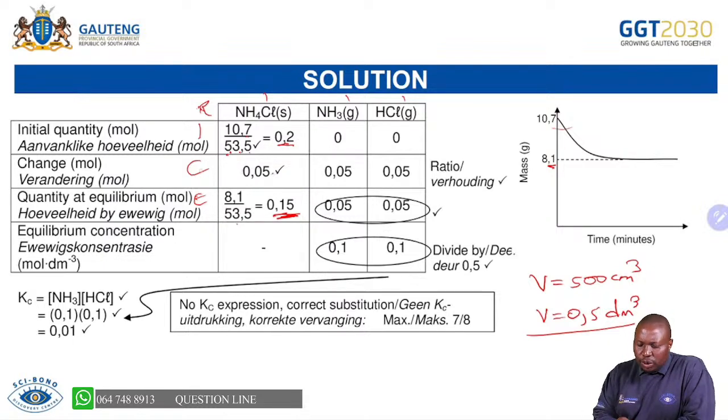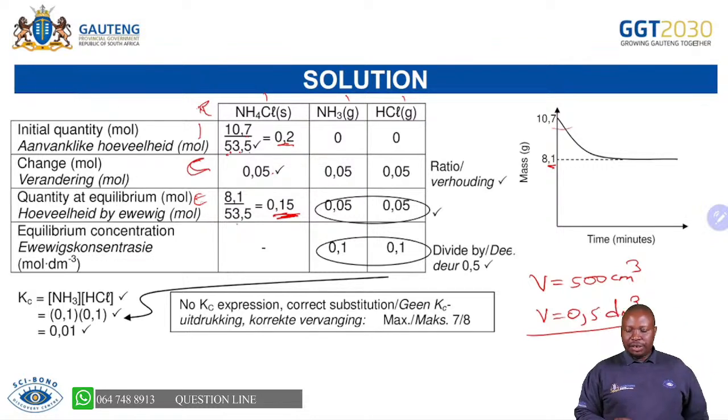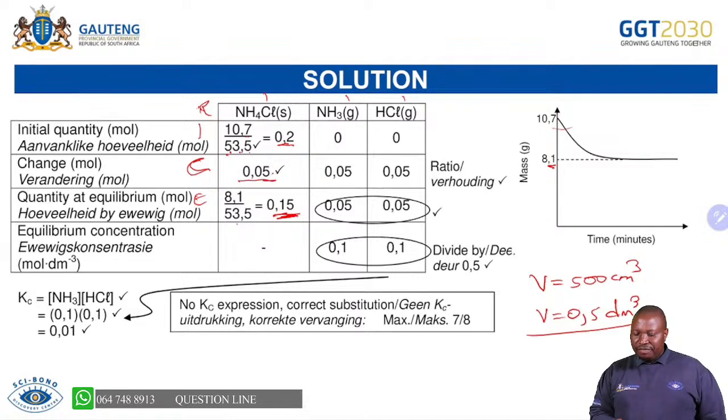And then once you have one change, learners, already your rise table, you are able to complete it. All you need is one change, because once you get 0.05 there as one of your change, you use mole ratio to say 1:1. So if it is 1:1, it means the number of moles here will be the same, because 0.05 is to 1 multiplied by that 1 gives you 0.05.